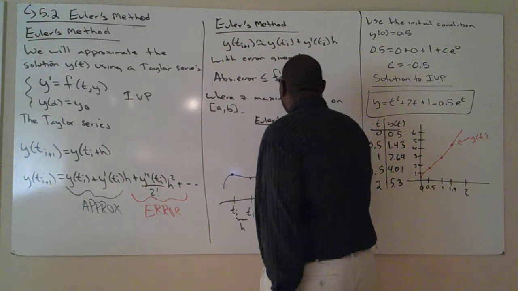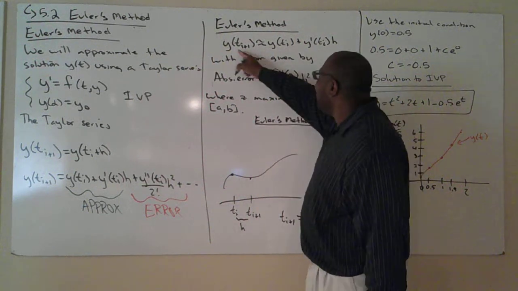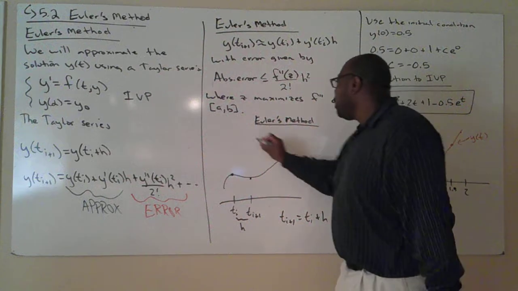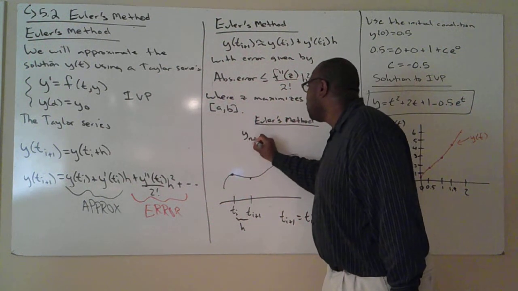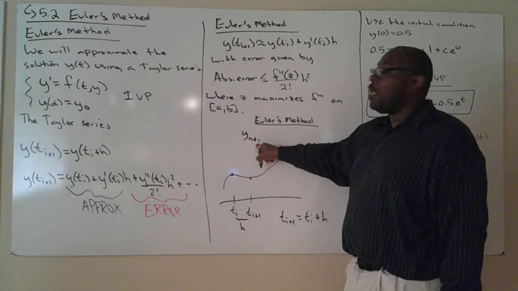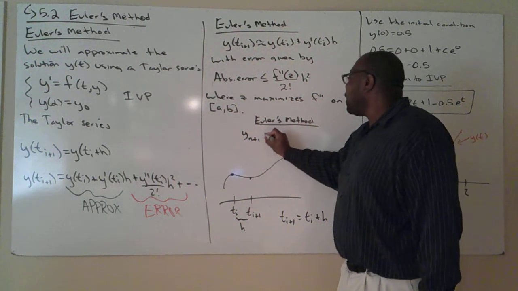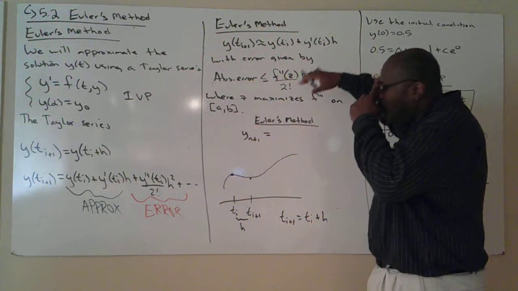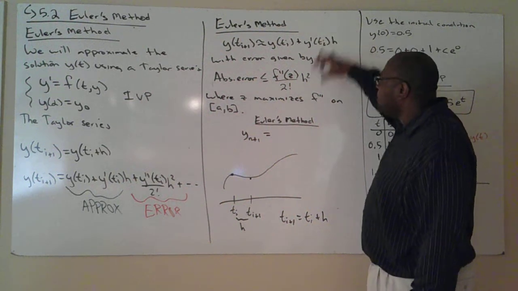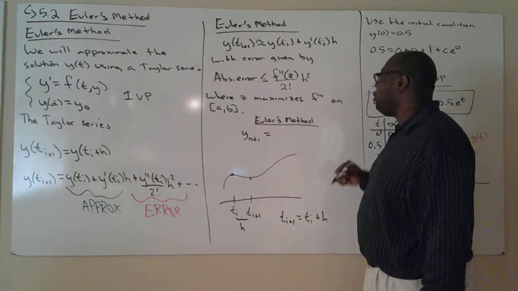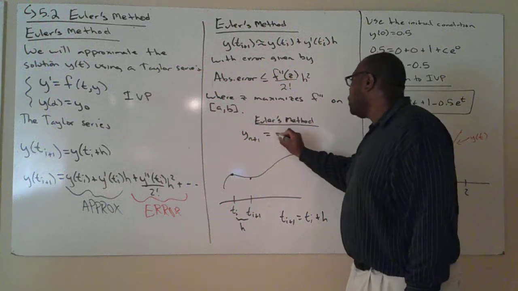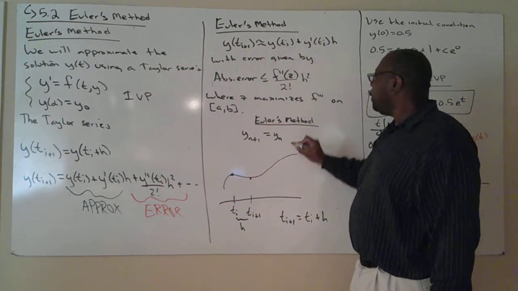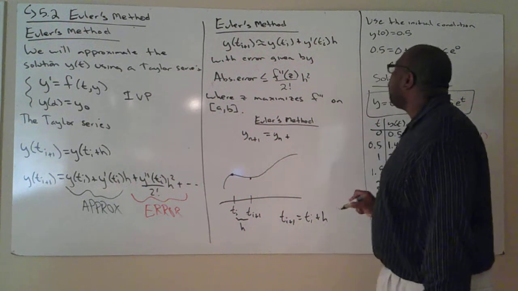They write it in an iterative fashion. So instead of putting y of t sub i plus 1, which is a mouthful, you say y sub n plus 1. So the next y value of our solution is equal to, we don't use the approximately sign now, although that's what we're really doing. We're approximating the next value of my solution. It is equal to y sub n plus y prime.